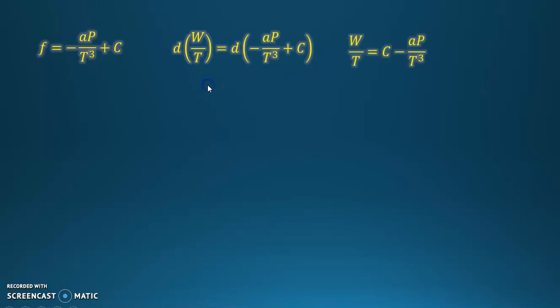So in this part, it's perfectly integrable. In the left side, we have the integral of dw over t. So the differential can cancel with the integral, and we only have w over t. And that is equal to the integral of this part. The integral could be cancelled with the differential, and we have exactly the same expression that we have in the differential. In here, we just change the order of this sum.